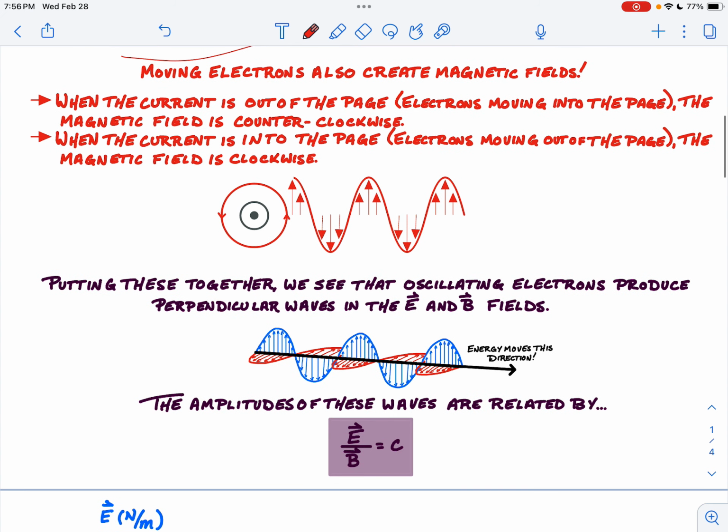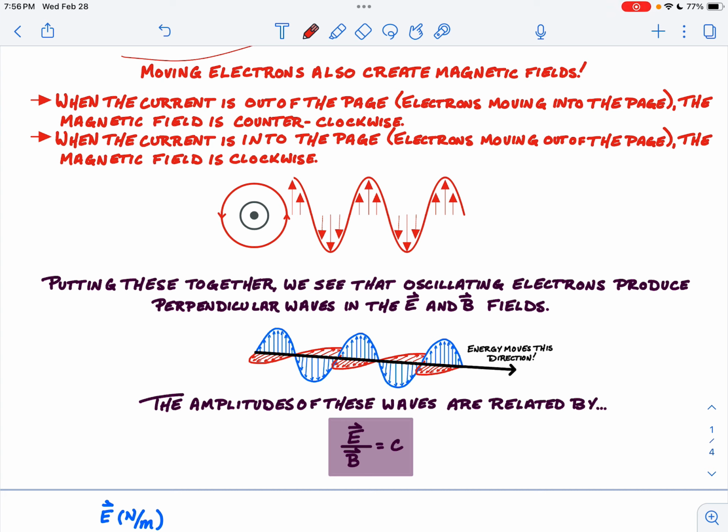What we have created, if you look at the blue and the red, is two sets of fields that are perpendicular to each other that travel in a third direction to the right that's perpendicular to both of those waves. And that is, quite literally, light. That is what light is. It is an electromagnetic wave.